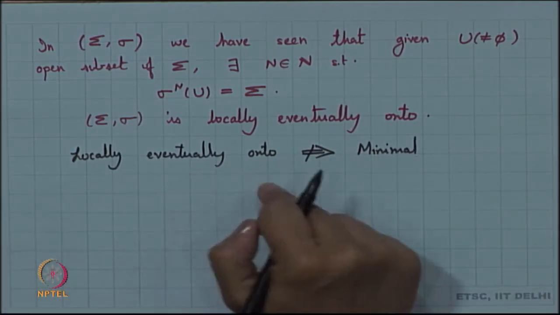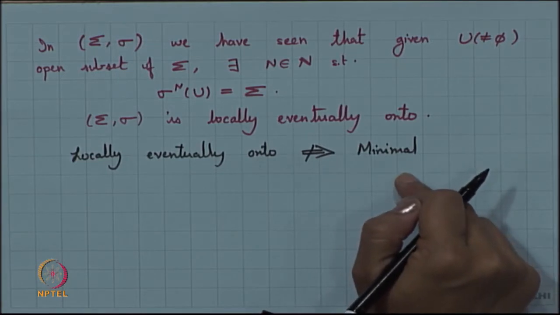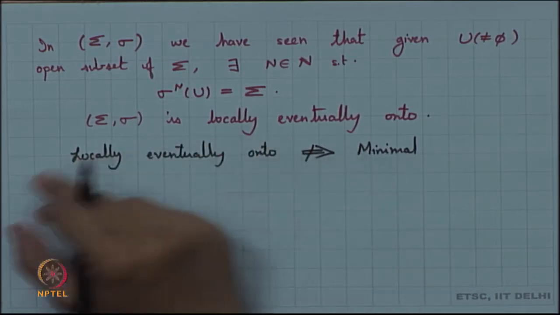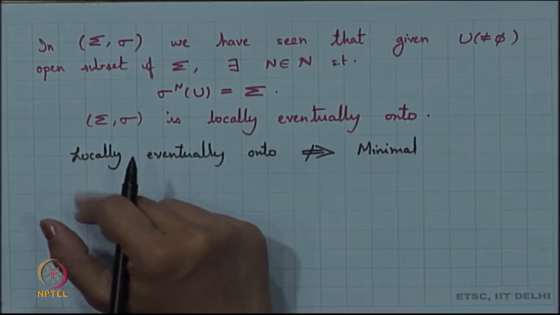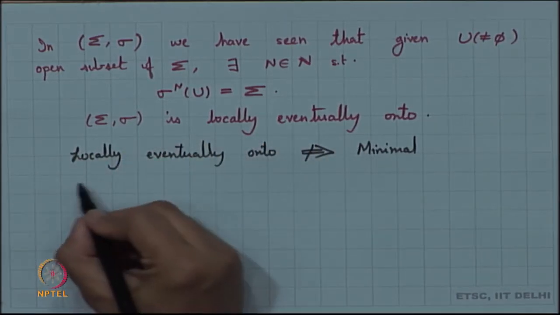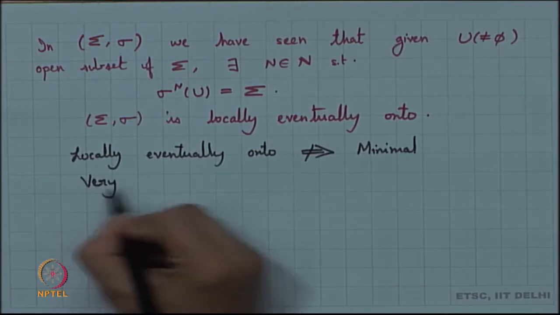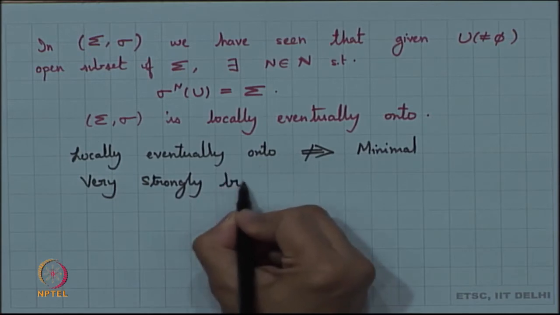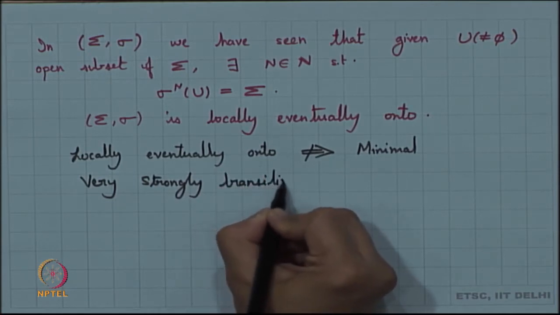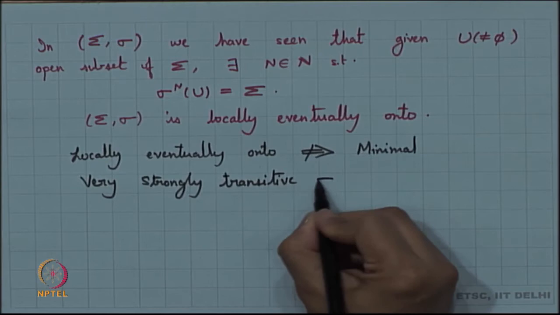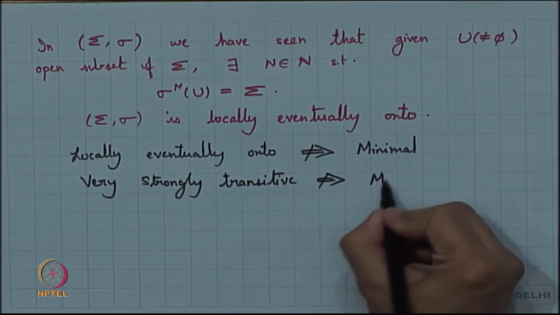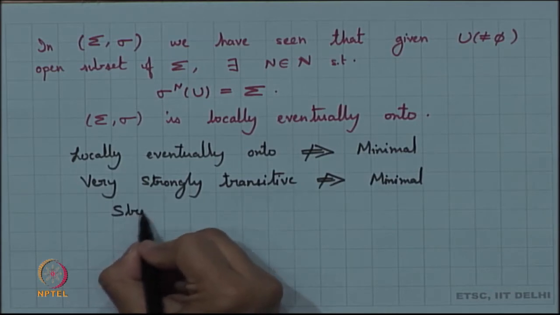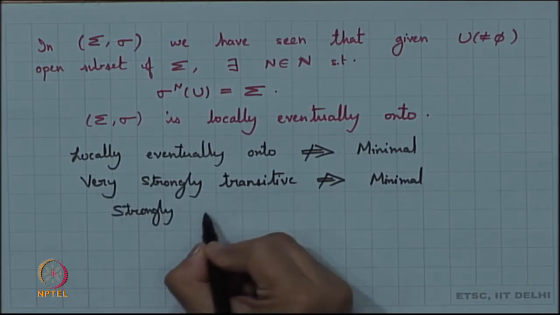Now, since this does not imply minimal, we know that this system will always be very strongly transitive, and it will always be strongly transitive. So, that tells me that very strongly transitive does not imply minimal, and we have seen this fact also that strongly transitive does not imply minimal.